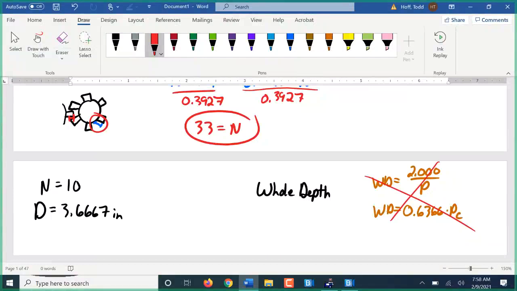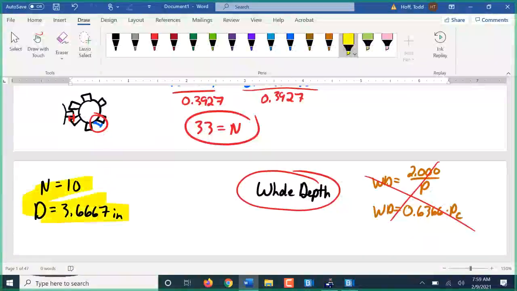Again, those formulas for pitch diameters involve the number of teeth, but then they involve the pitch or the circular pitch. We don't know either of those. And not only that, but we're looking for the hole depth. The hole depth is not in either of those formulas. So right now, we cannot find the hole depth directly from either of the pieces of information given here.